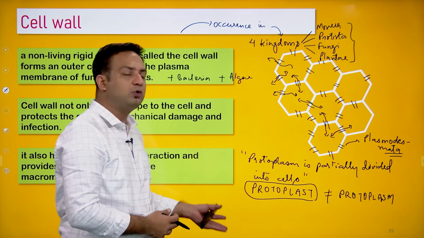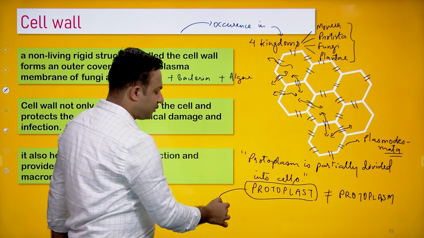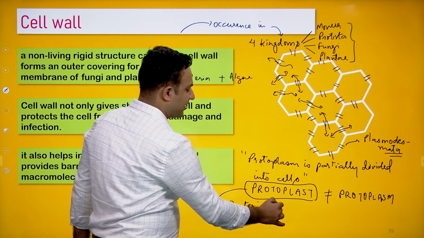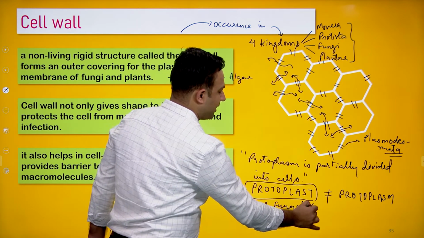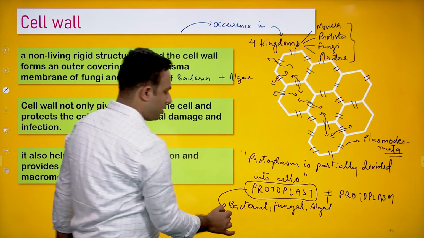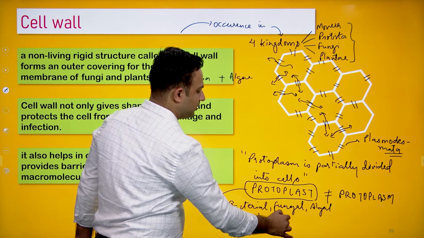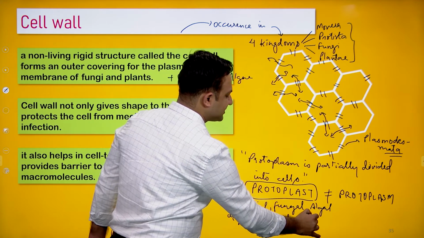But what about protoplast? So we say that a bacterial, fungal, algal or plant cell devoid of cell wall.